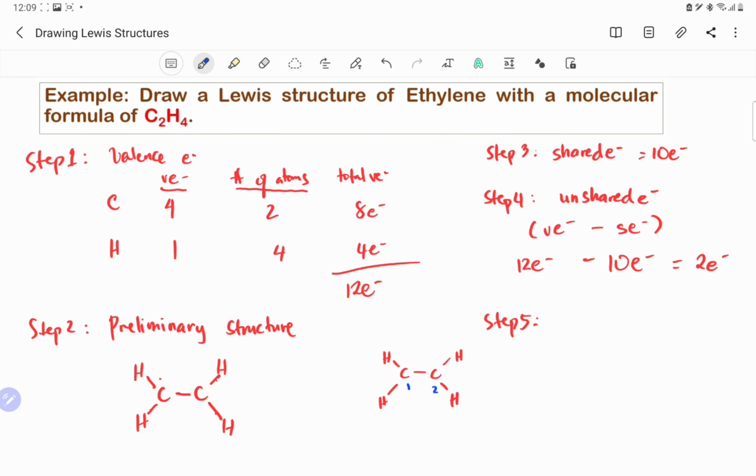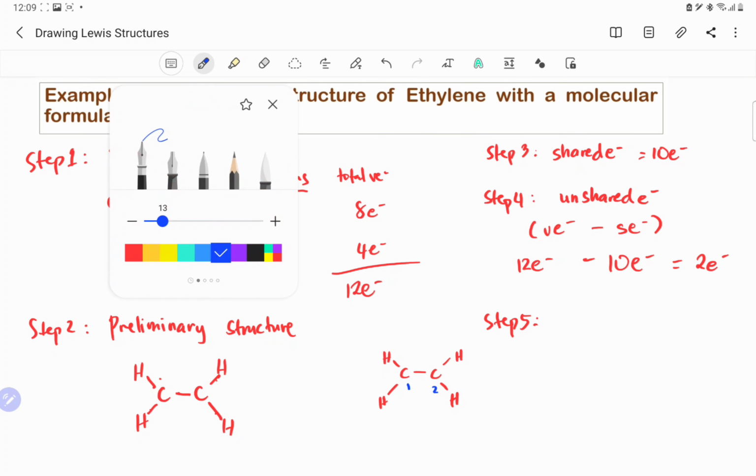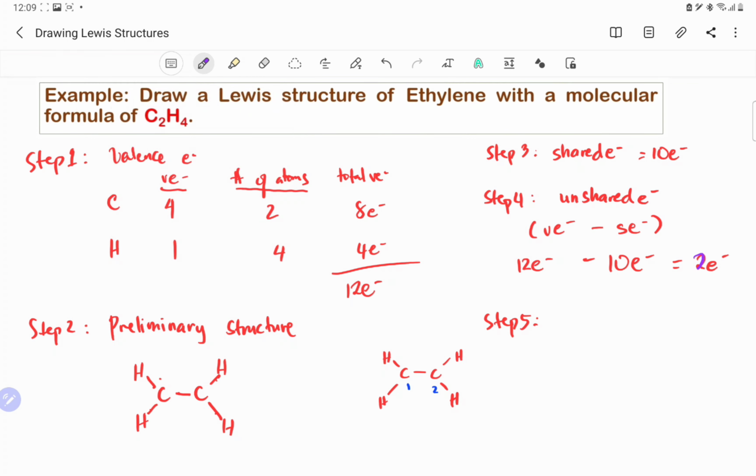So we need 2 more each. Okay? And a common mistake of students, if I were to draw these 2 electrons as violet, they will have it like this.